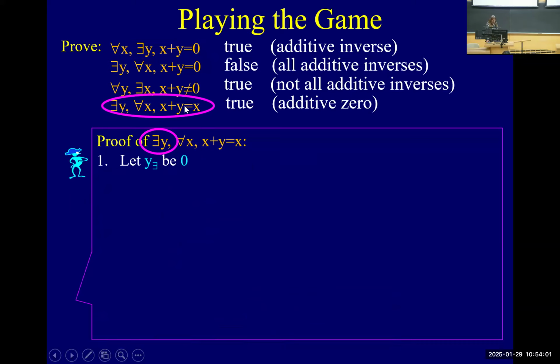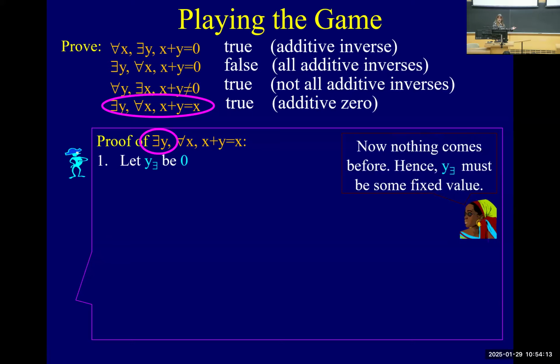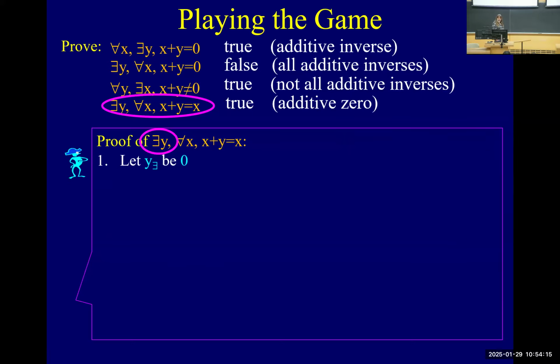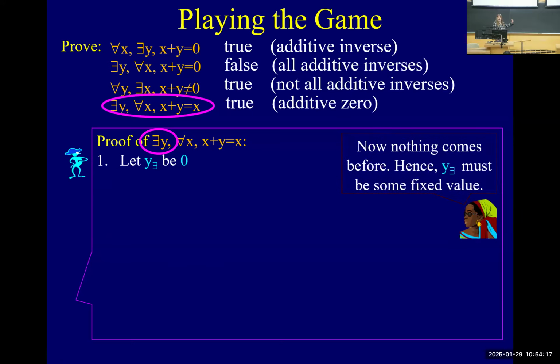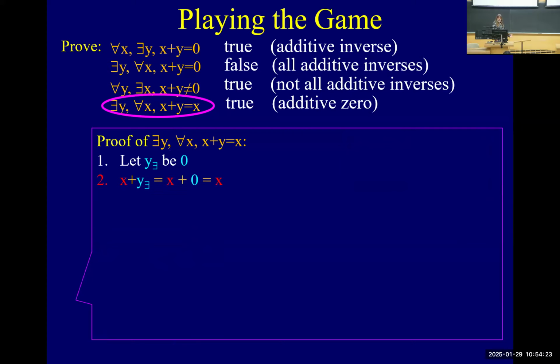So I should already know what y I need: an additive zero. Nothing comes before it. I'm going first, so it has to be a fixed value.